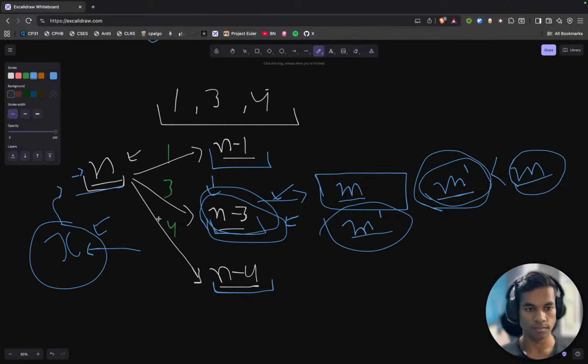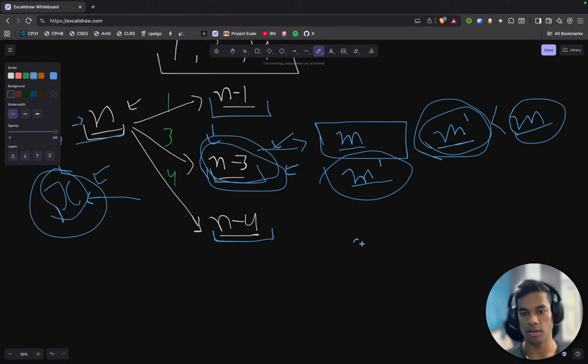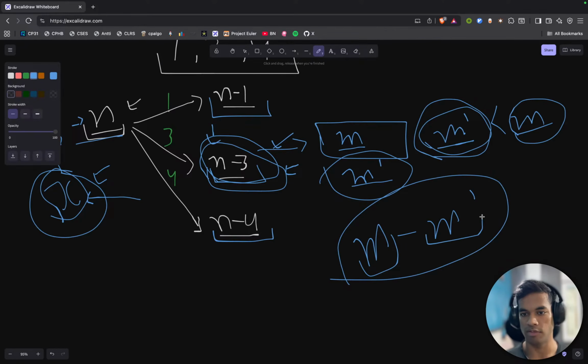Therefore, this solution could have used fewer coins, and the solution we could say is off by m minus m dash. M is higher, m dash is lower, and we could have used m dash amount of coins to get to n minus 3.